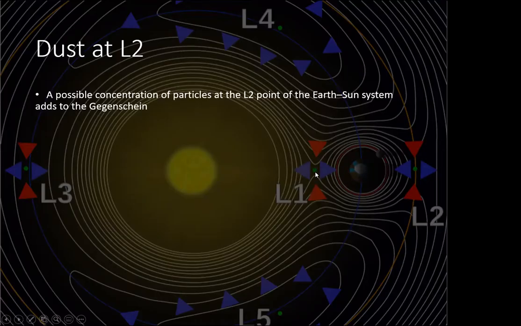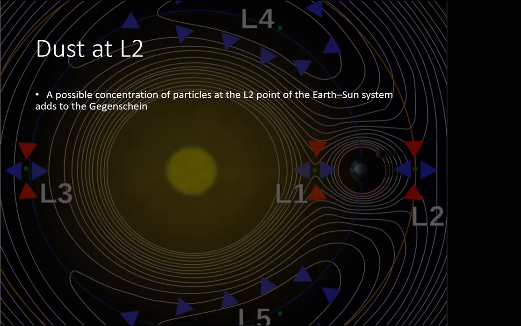The force of attraction to the sun and the force of attraction to the Earth more or less cancel out. And so you get this little spot here where you could park a spacecraft or indeed a cloud of dust, and it would be at least mostly stable in that position.